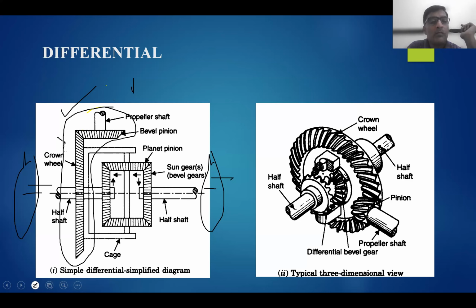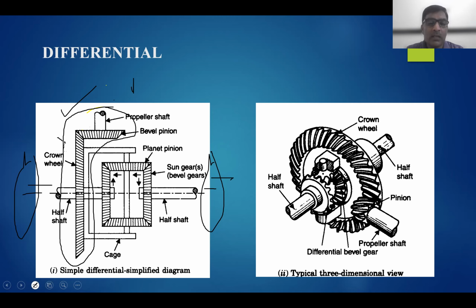So this one is the final drive, and to get the difference in the speed, to have proper negotiation of the turn. On the turn, the left-hand wheel has to cover less distance if we consider a left turn, and the right wheel, which is mounted on the live axle, has to cover more distance.